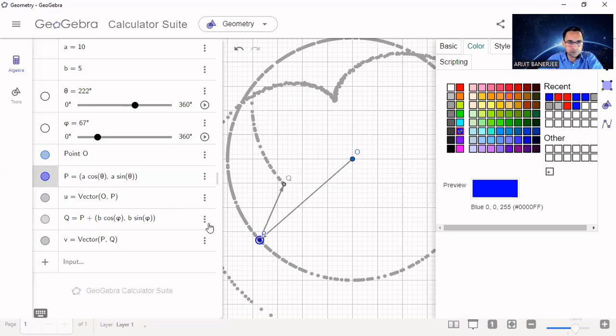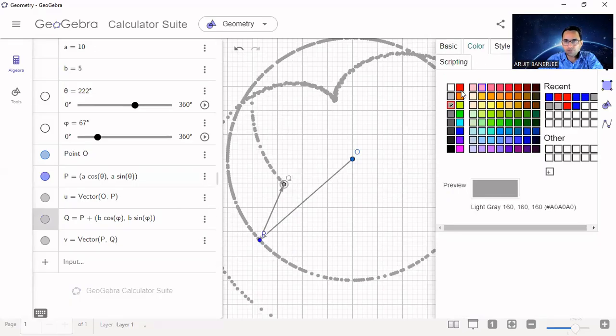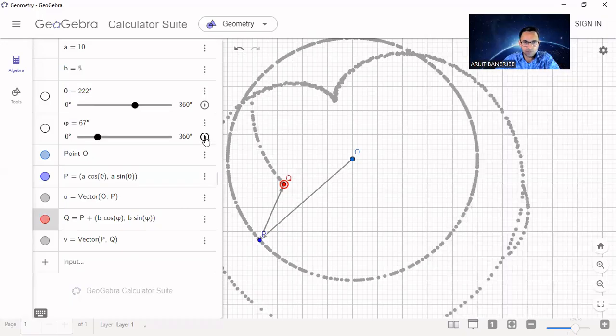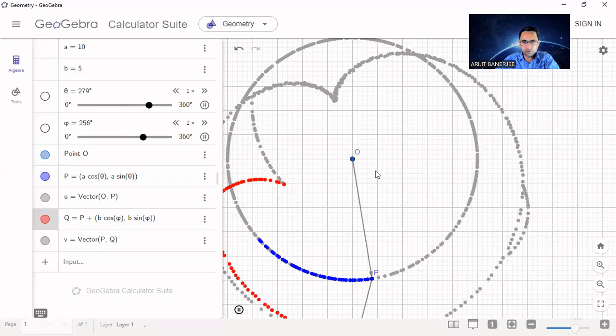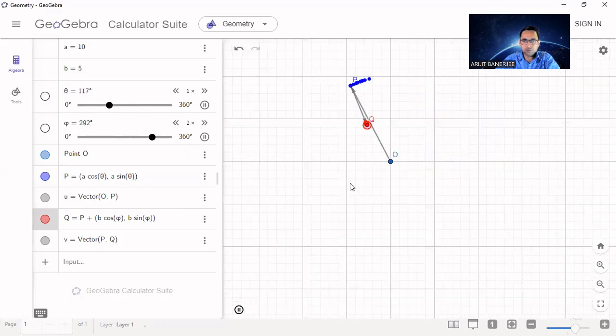Now I will set the color for Q in the same way, say red. So point Q is red. Now you can see, if I animate, you will see it. They can be seen to rotate.